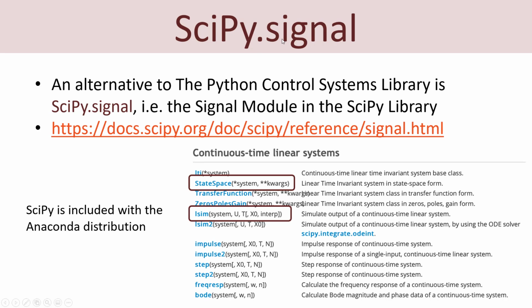In the SciPy library, we have a submodule called signal, and in that module we have different functions for simulating continuous time linear systems. So we will use two functions, one for defining the state space model, called StateSpace, and we will use the lsim function in order to simulate the system.